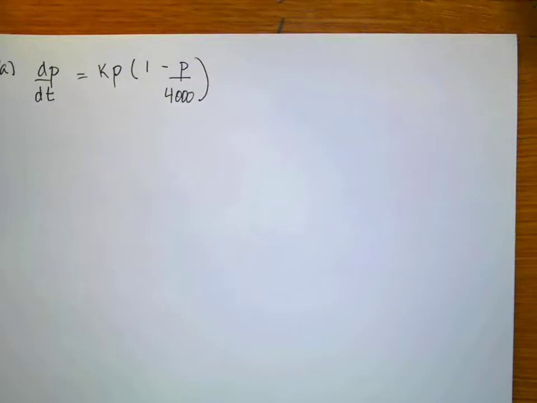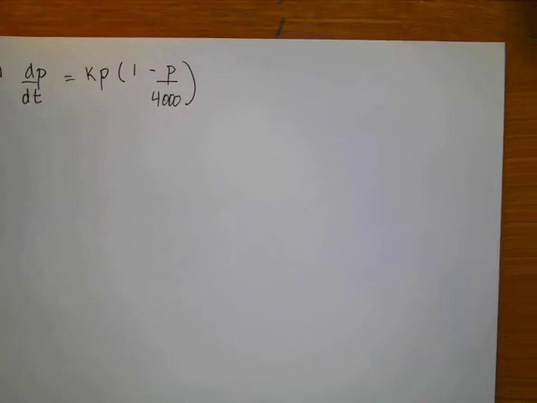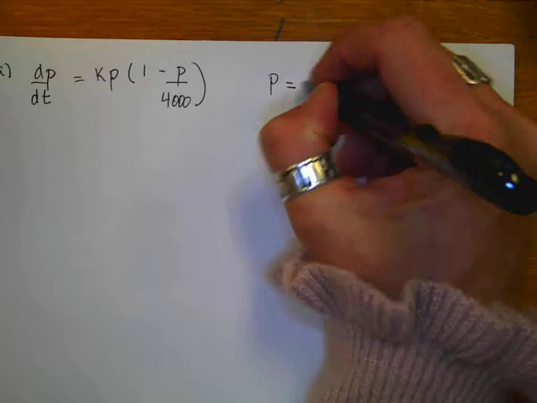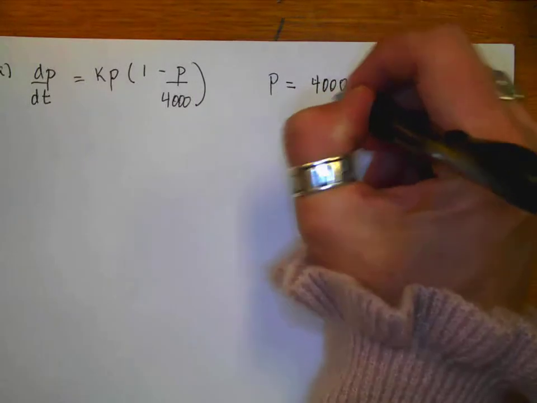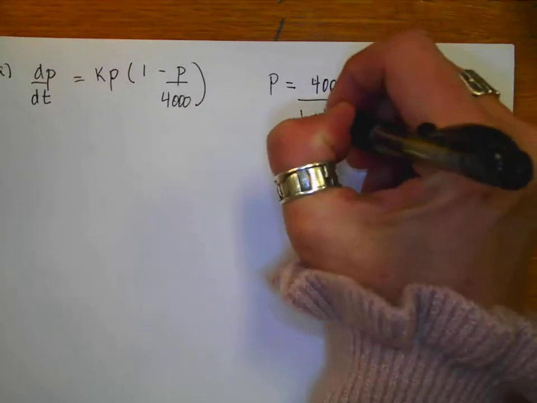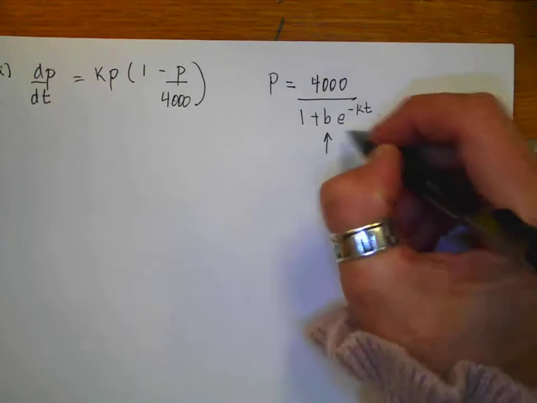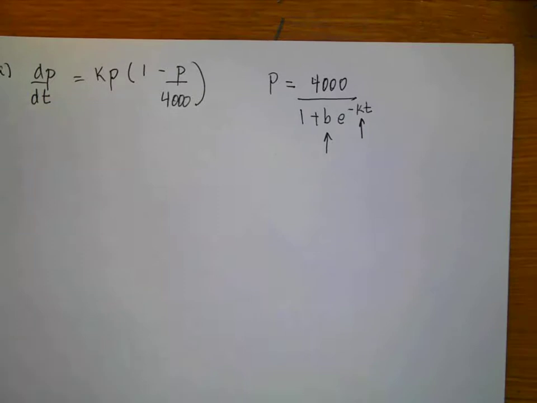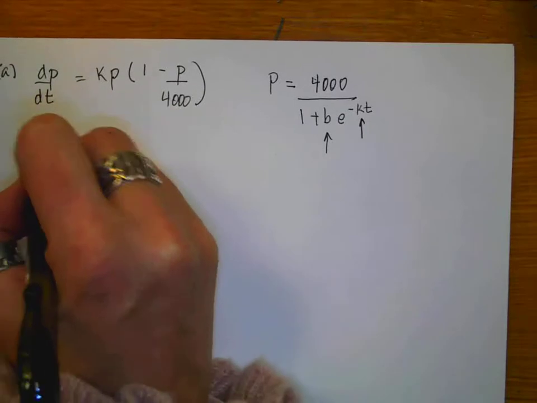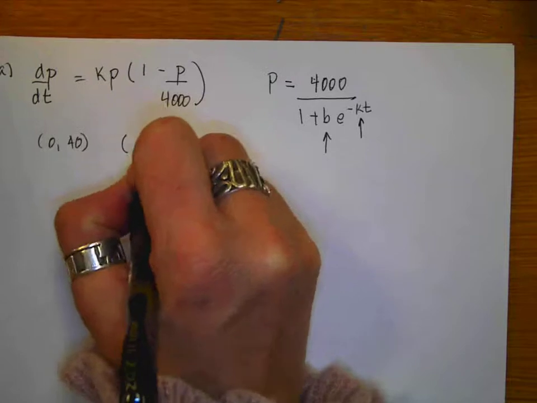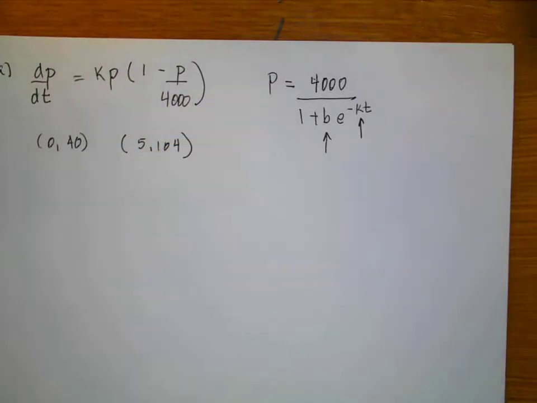But what I'm actually going to do to start the problem is go back to the equation that we used from pre-calc. So I'm going to write P is equal to 4,000 over 1 plus B e to the negative kt, because I need to solve for B and I need to solve for k. I have two data points. I have 0, 40, and then I have the data point 5 and 104.